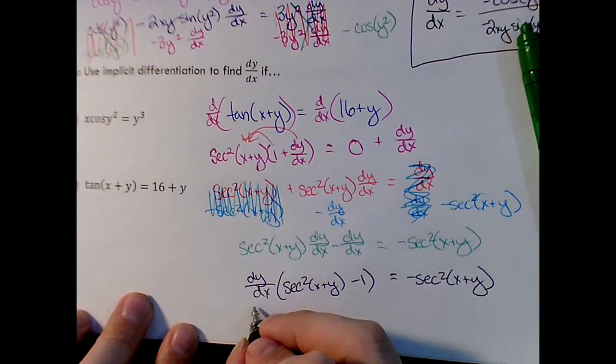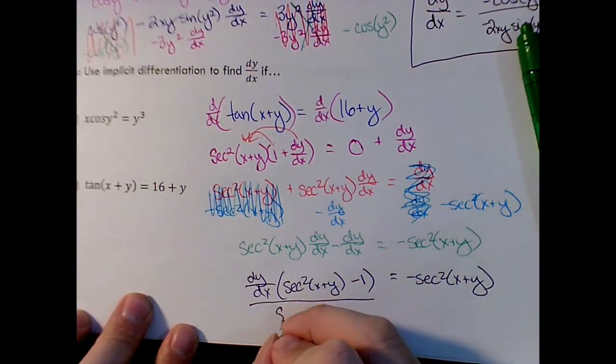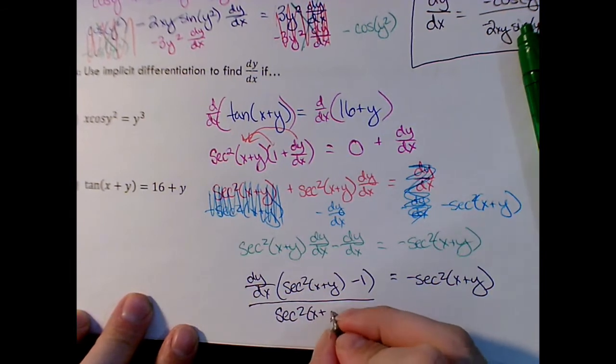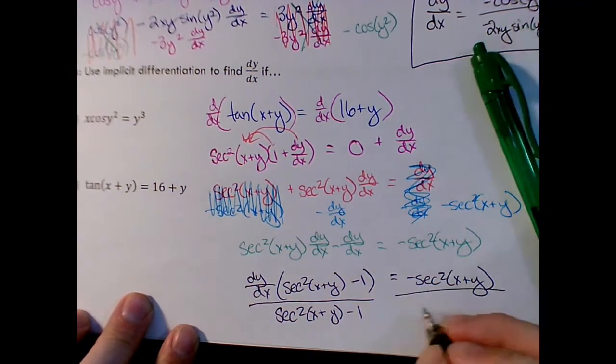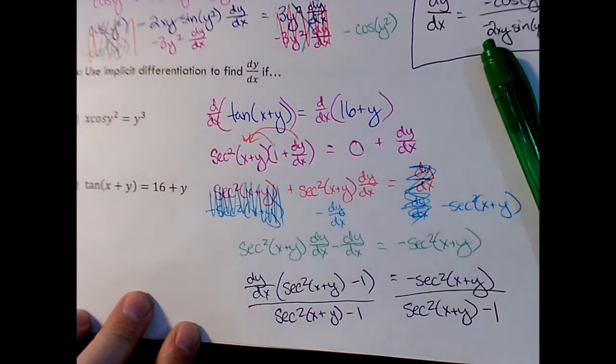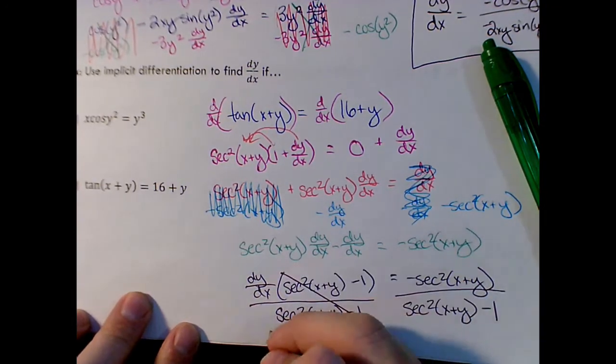Divide both sides by secant squared of x plus y minus 1. Cross that out.